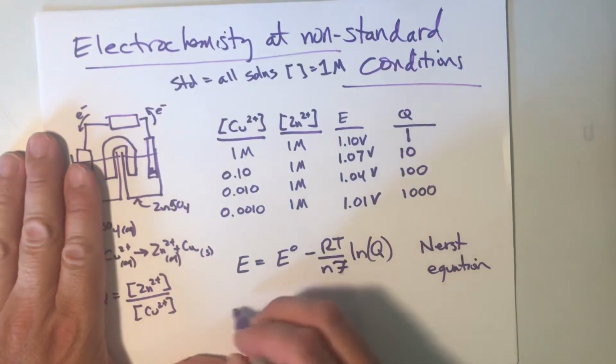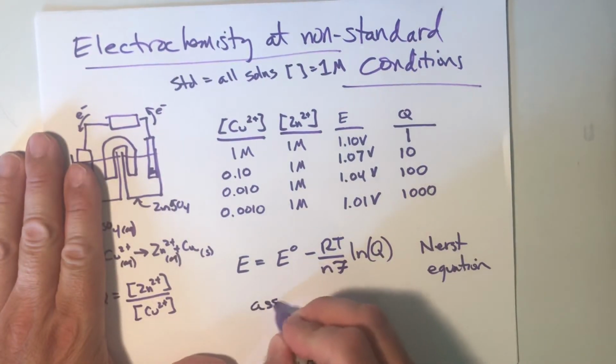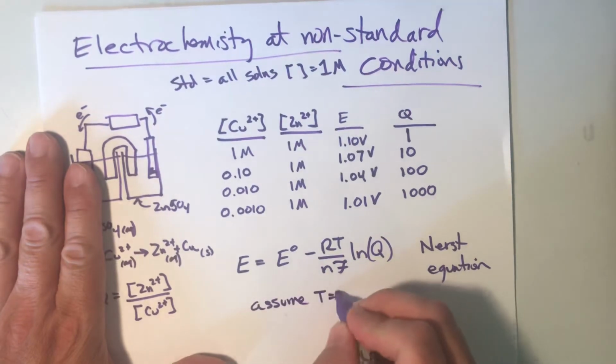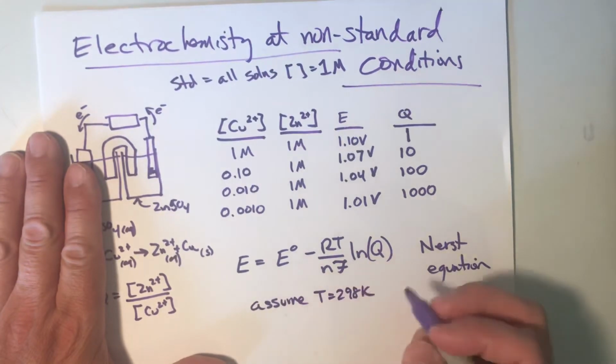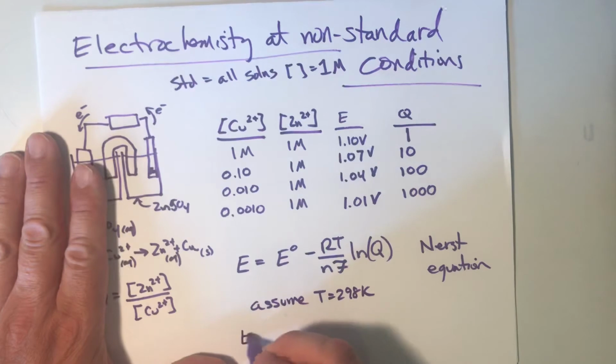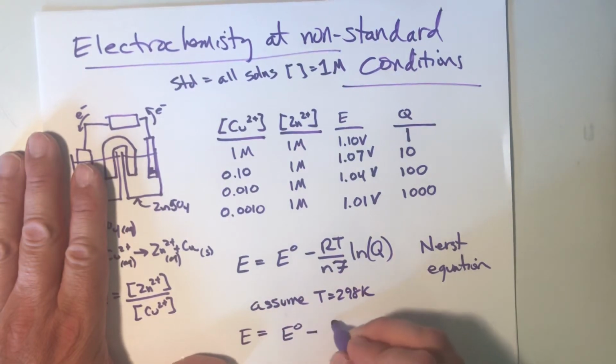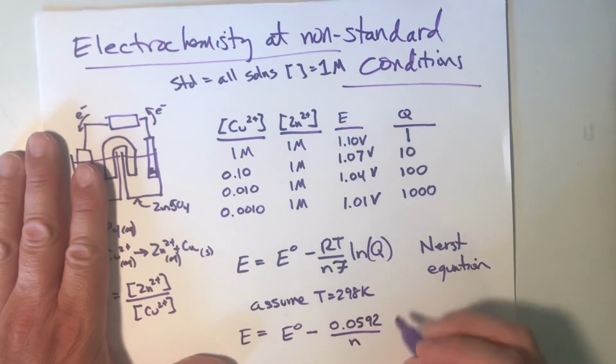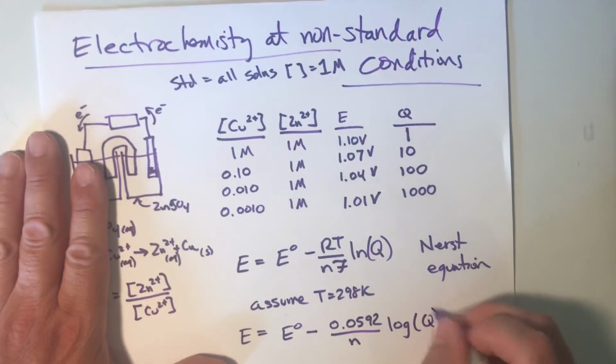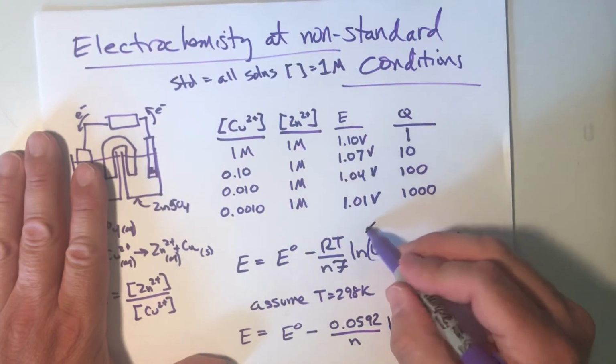You'll see this written a couple of ways. Another way, if we assume the temperature equals 298 Kelvin, which we often do because we're usually measuring these in the lab, is that E is equal to E naught minus a constant 0.0592 over the number of electrons transferred times the log base 10 of Q. Notice that this is the natural log up here.